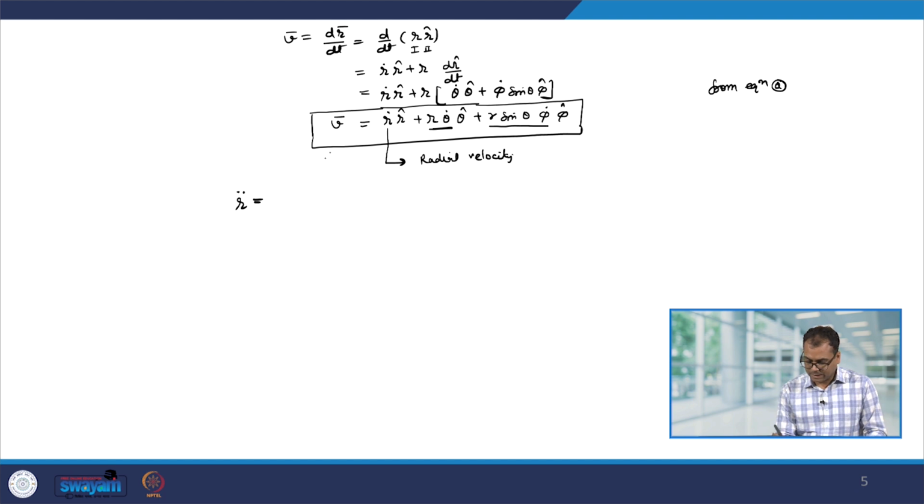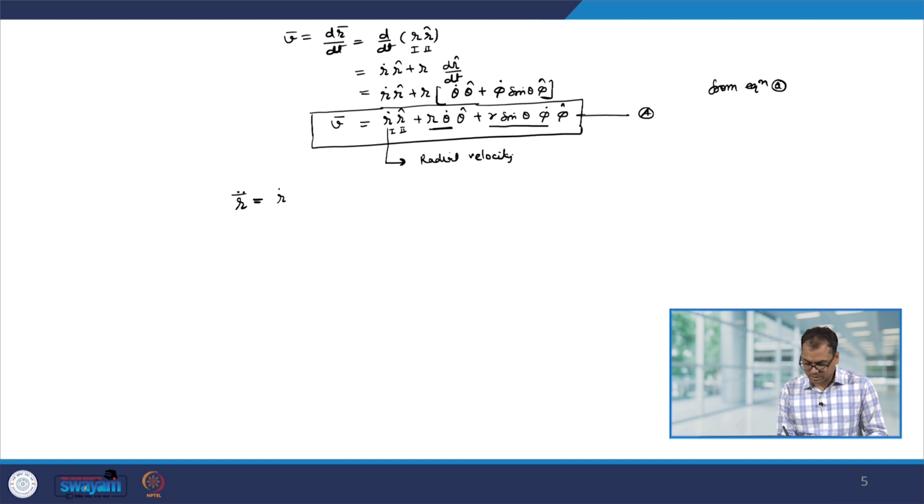Okay. R double dot is equal to, so let me take this equation, let us call it equation number A, and find its derivative. So, this is first function, this is second function.